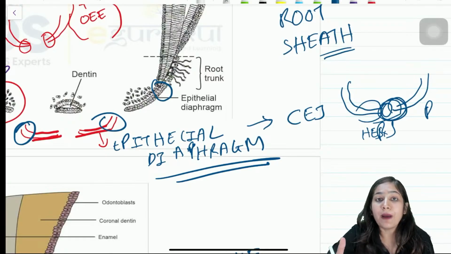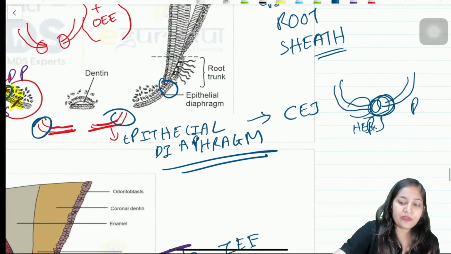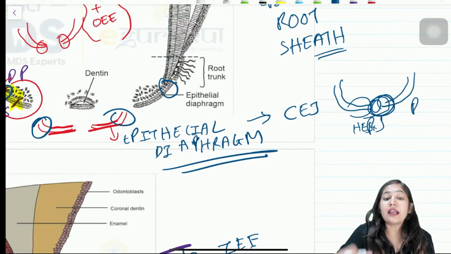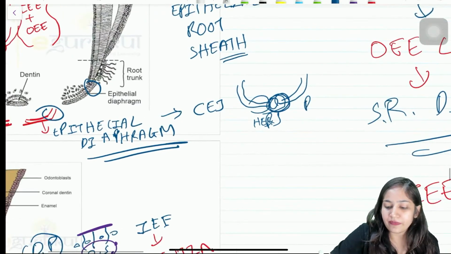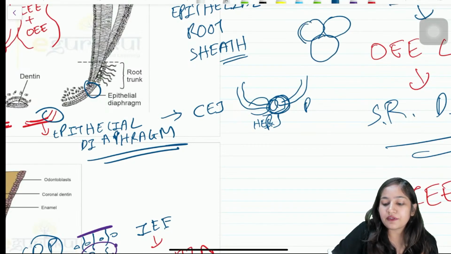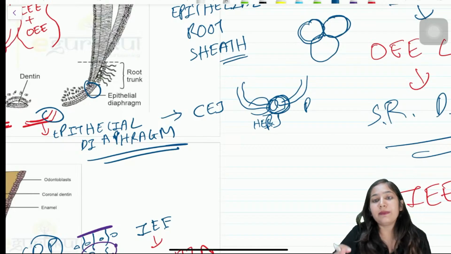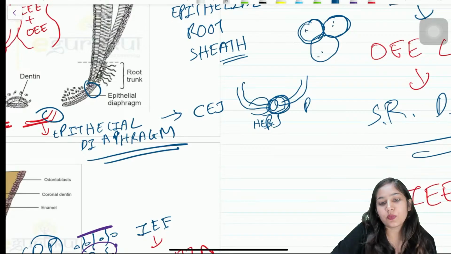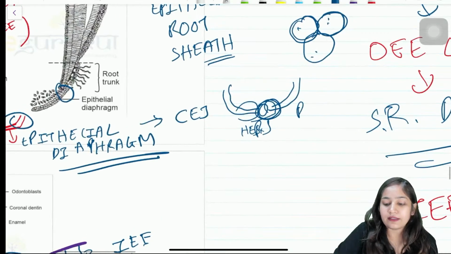Now coming to multiple rooted tooth, what will happen? Tongue-like extensions are present. In case of maxillary molars, we will have 3 tongue-like extensions, similar to the proliferation of single rooted teeth. Same way for 3 roots, we have the same pattern.